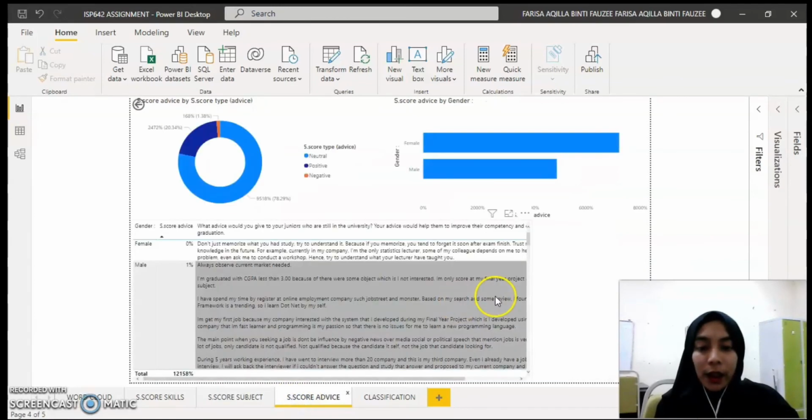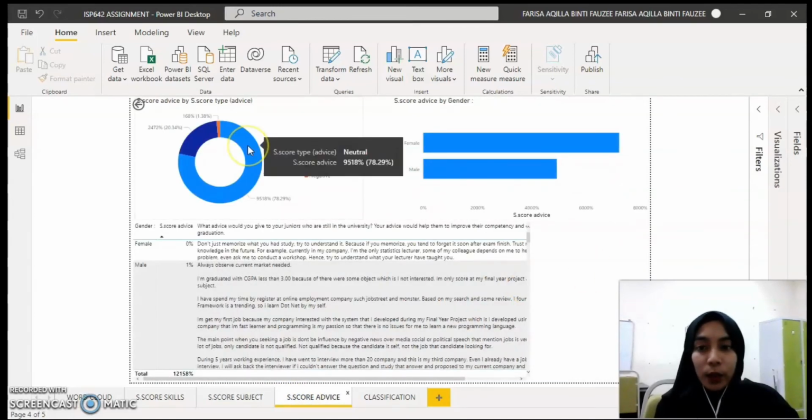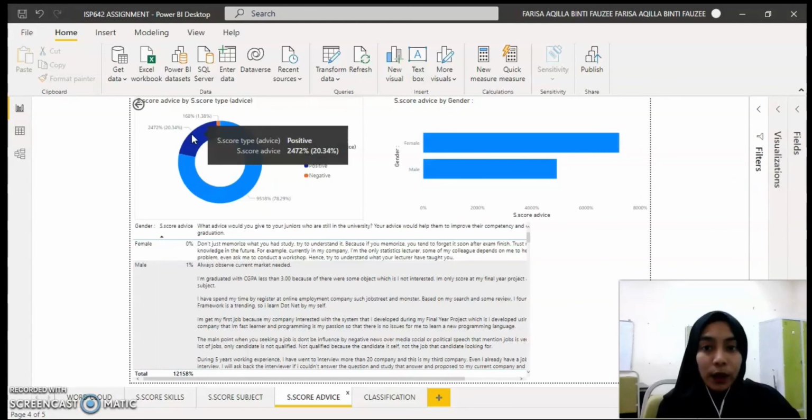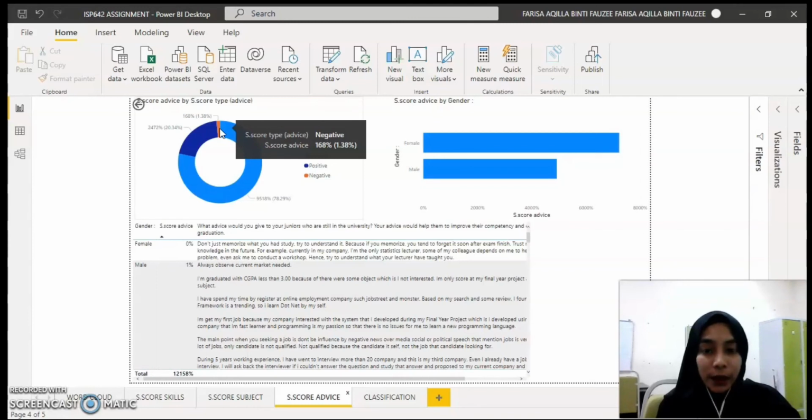The next aspect is advice. We can see that it has the highest number of score for the neutral with the percentage of 68.29%, followed by positive score which is 20.34%, and the last one is negative which is 1.38%.